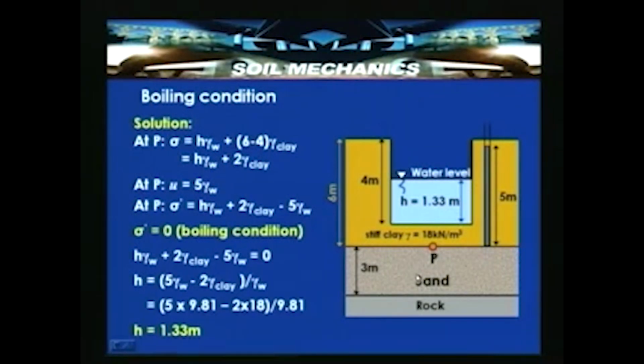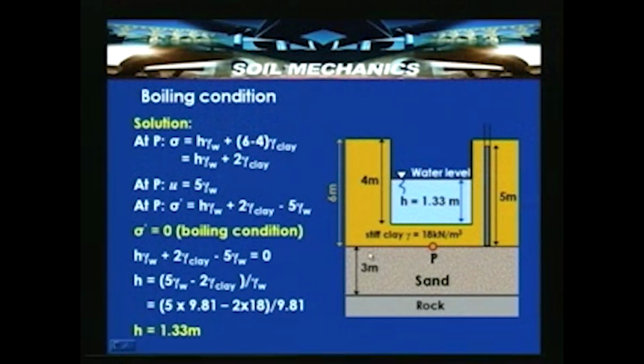Now this excavation takes place, so this much soil will be removed. Consider a point P at the interface of the stiff clay and sandy soil, where total stress is equal to gamma W H. This H is unknown to us; let us term the height of the water which is required to be determined as H. Then gamma W H plus the soil above the sand layer: the clay is 6 meters thick, and 4 meters of it has been removed by the excavation, so 2 meters is still remaining.